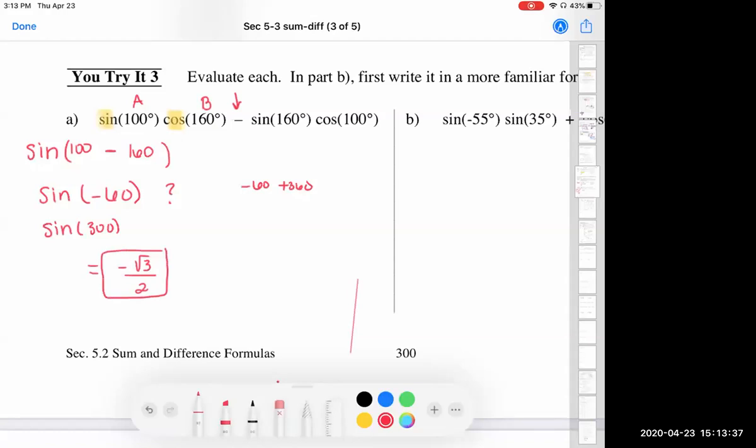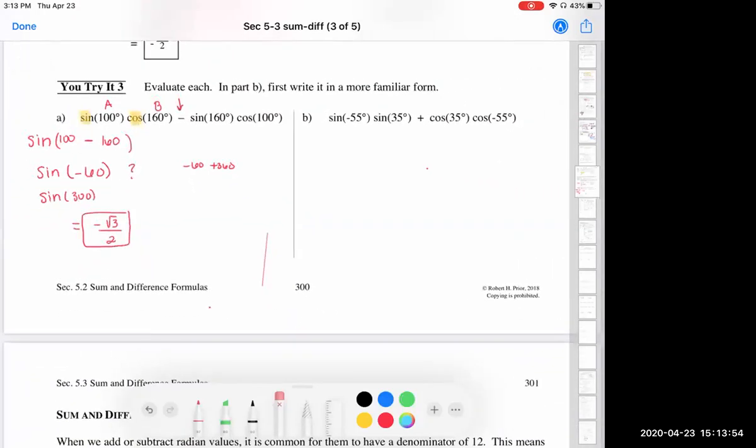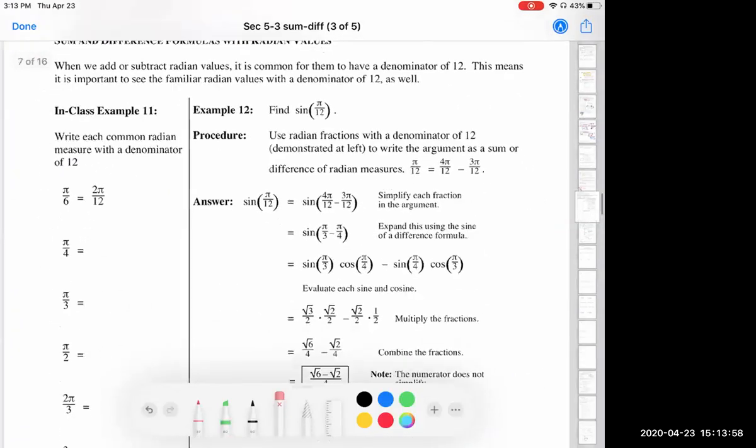So that's how we can go around values that do not have a point in our unit circle. So that 100 and 160 are not in the unit circle. That's how we can go around it. Okay, I'm kind of dragging this long, so I'm going to go ahead and speed through it.